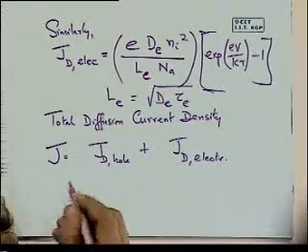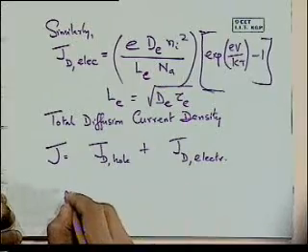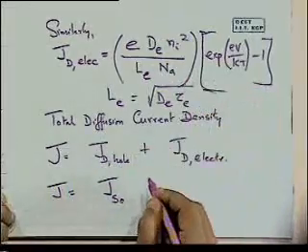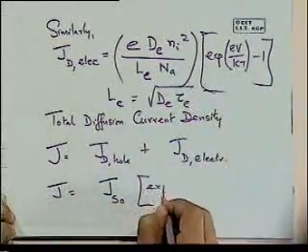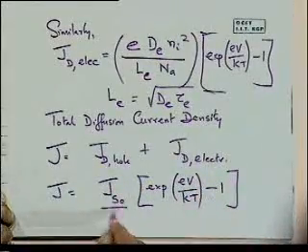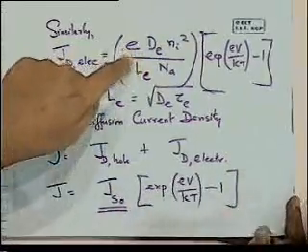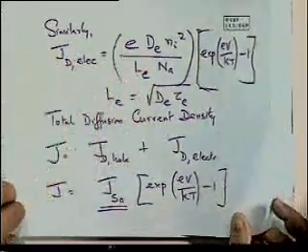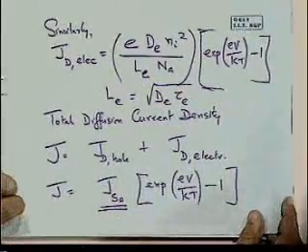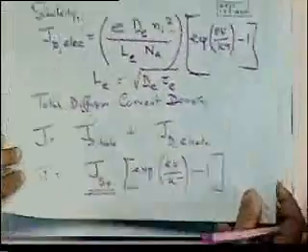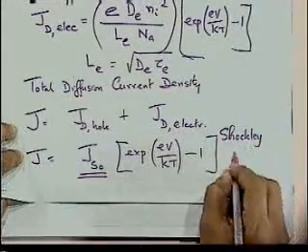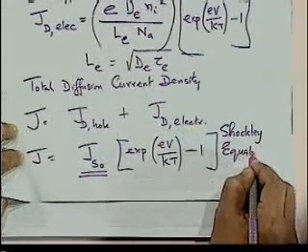The two are summed up to give us a diffusion current, which we can write as J equal to J_S0, combining some of the common terms, times exponential eV by kT minus 1, where J_S0 is going to be the sum of this term for the electron and a similar term for the hole. J equals J_S0 exponential eV by kT minus 1. And this equation is known as the Shockley equation.